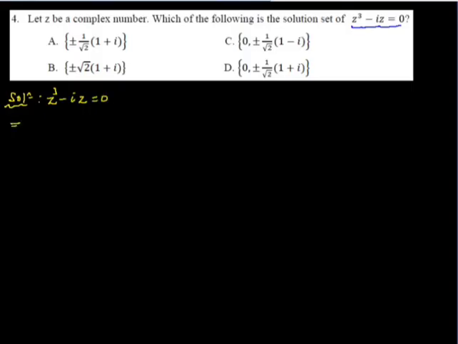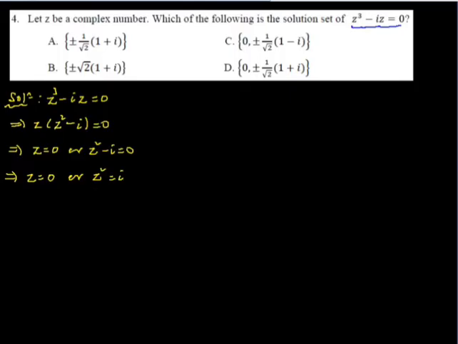This means you can factor out the common things, then z times z squared minus i equals 0. So the product will be 0 whenever z is 0, or z squared minus i is 0. This means z equals 0 or z squared equals i is the solution.